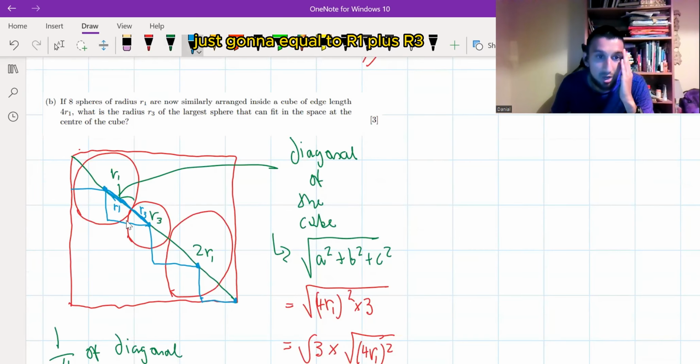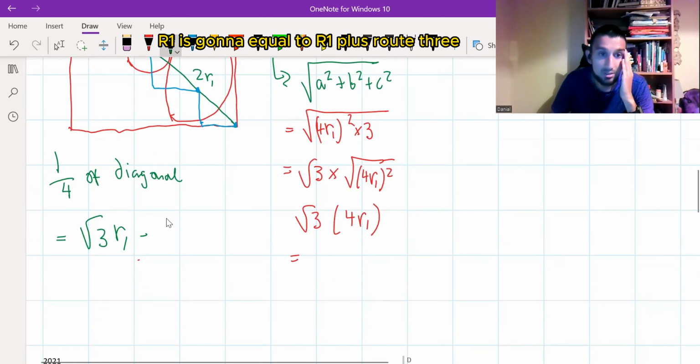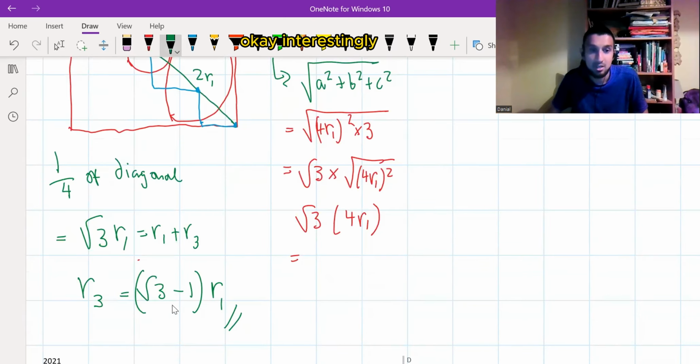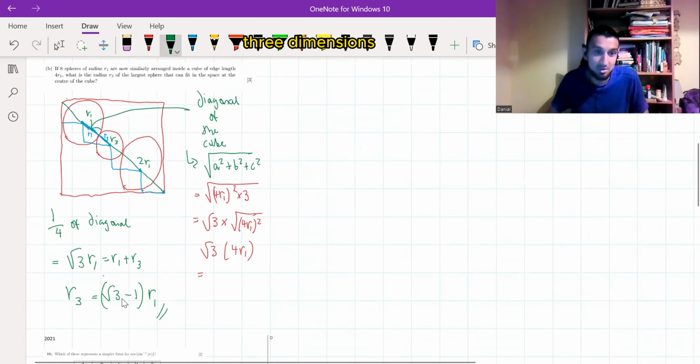So it's going to equal R1 plus R3. So this √3 R1 is going to equal R1 plus R3. So R3 is going to equal √3 minus 1 R1. Okay, interestingly, you can see with 2 dimensions, it was √2 minus 1. With 3 dimensions, √3 minus 1. Interesting outcome.